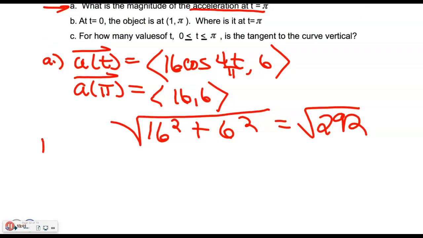All right, there's a part B. I want you to set up B. That's kind of the new stuff. At t equals 0, the object is at 1 comma pi. Where is it at t equals pi? Complicated question if you don't pick it apart. What level are you on?